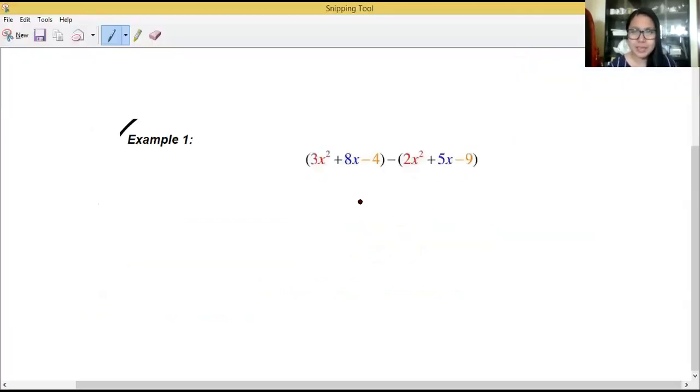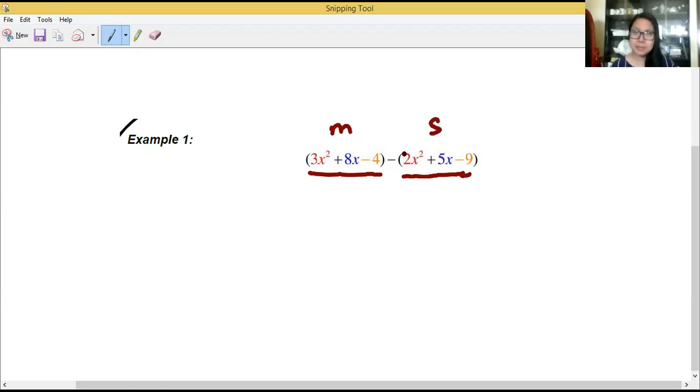Now, here's an example. 3x squared plus 8x minus 4 minus 2x squared plus 5x minus 9. Now remember, this is our minuend and this is our subtrahend.